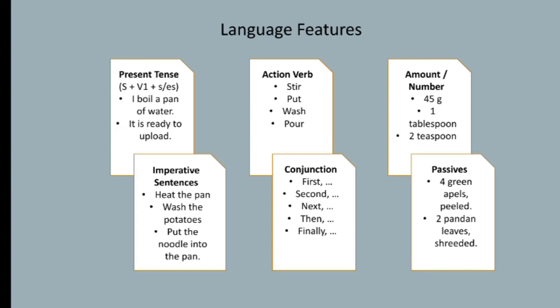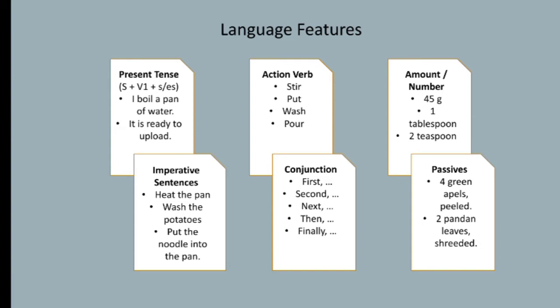Okay, next we have the action verb. The action verbs are stir, pat, wash, and pour. Okay, next we have the amount or number. The example is 45 gram, 1 tablespoon, and 2 teaspoon. Okay, next we have the imperative sentence.